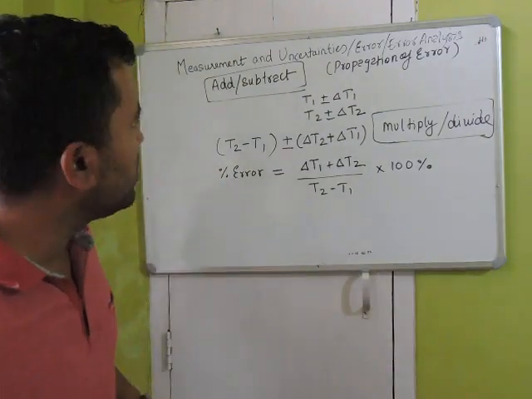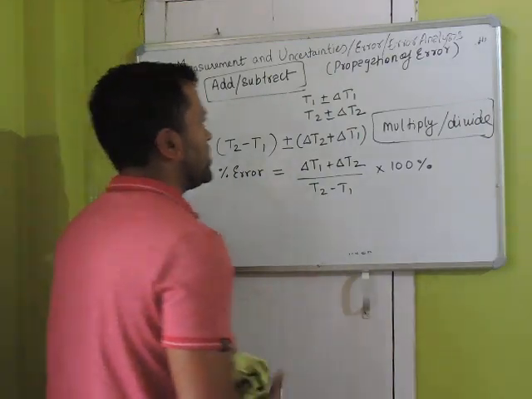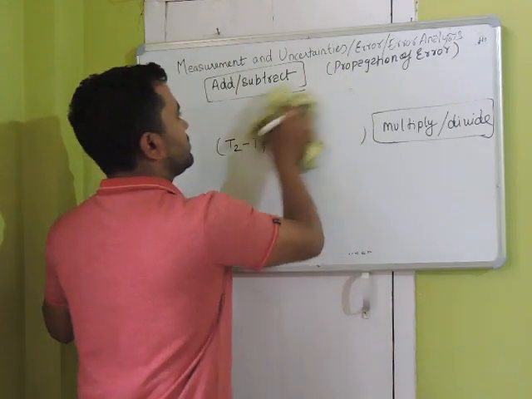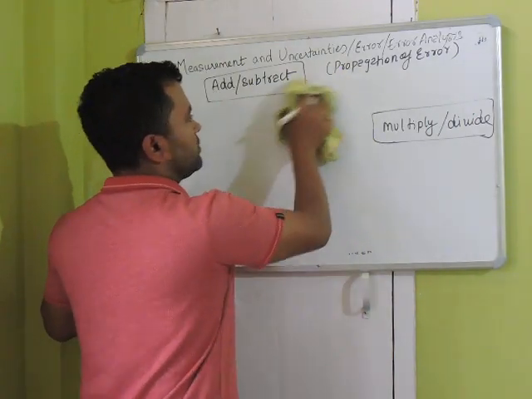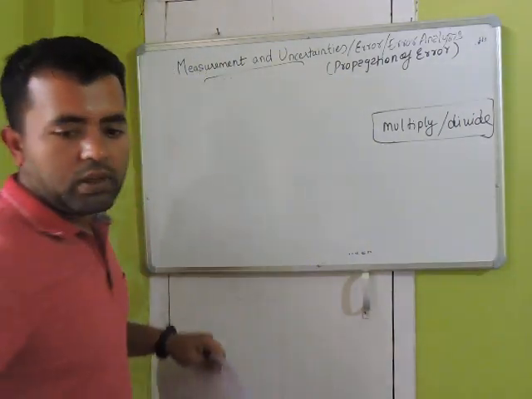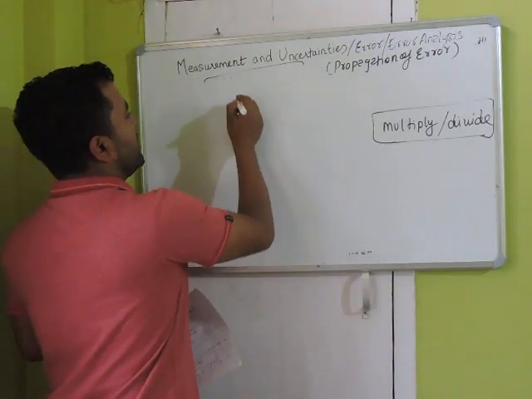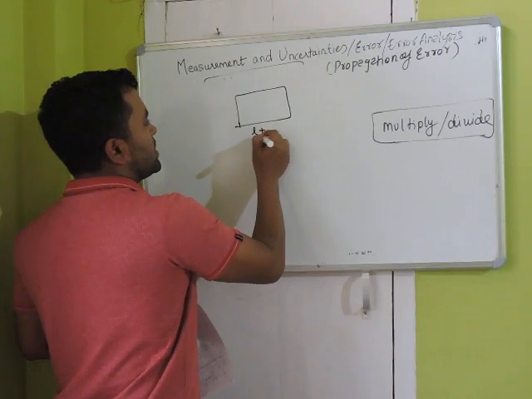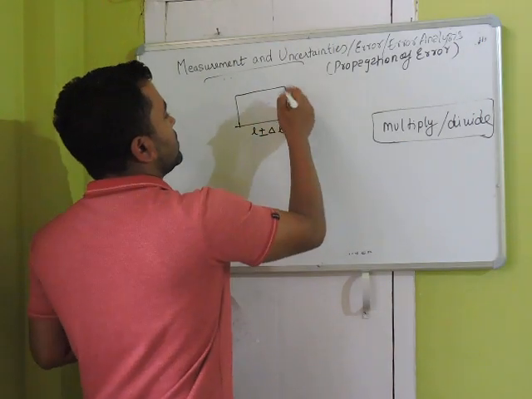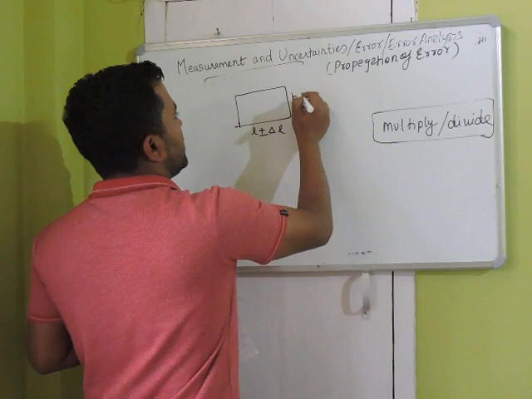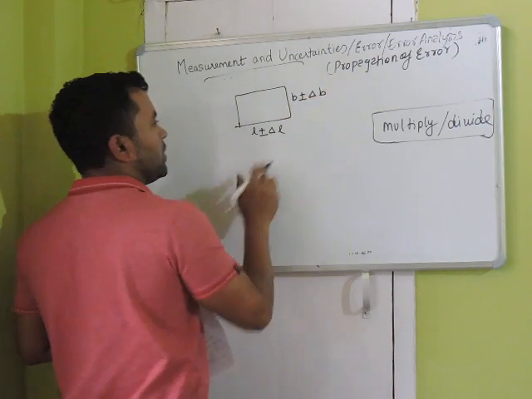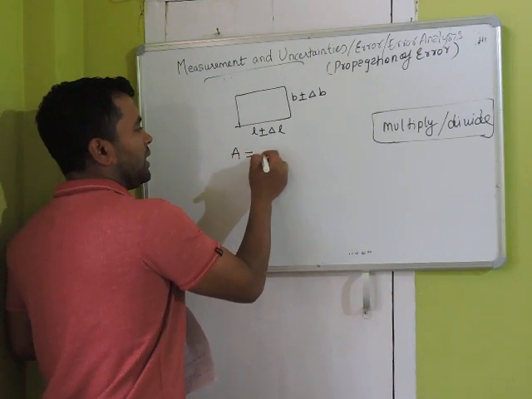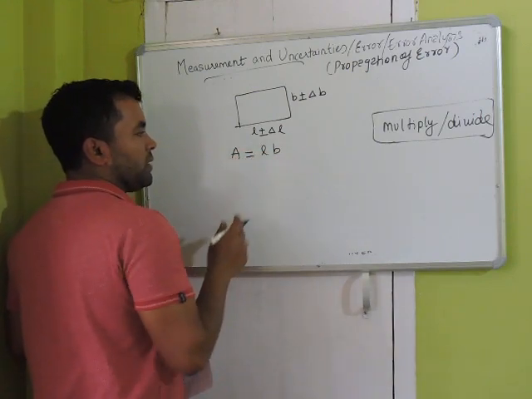Now let us come to multiplication and division. To take an example, let us say we have an area, and length is L plus minus delta L and breadth is B plus minus delta B. Now if I have to calculate area, it is L into B, right?